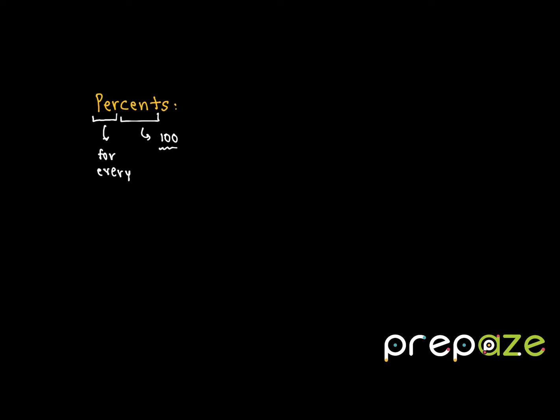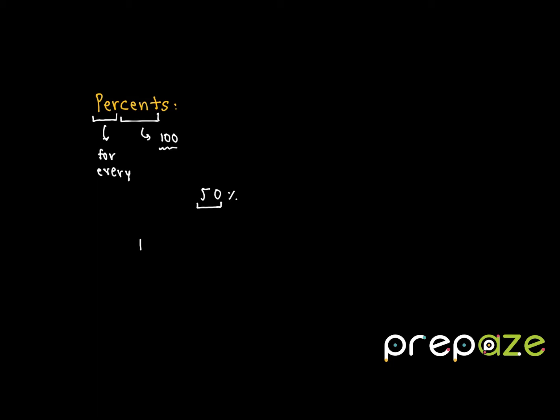So let's look at an example of a percentage. Let's just take 50%. What this means is that for every group of 100 that we have, 50% or 50 parts are included.